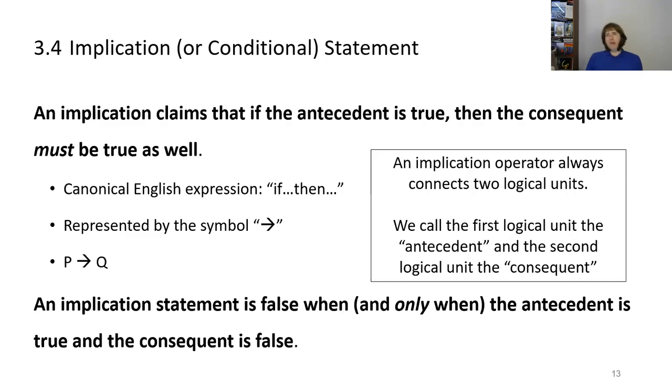One other thing to keep in mind is that when you're translating from natural language into simple statements and symbolizing to use statement logic, it is just not always the case that in natural language the antecedent is said first and the consequent second. Sometimes we flip those things around.